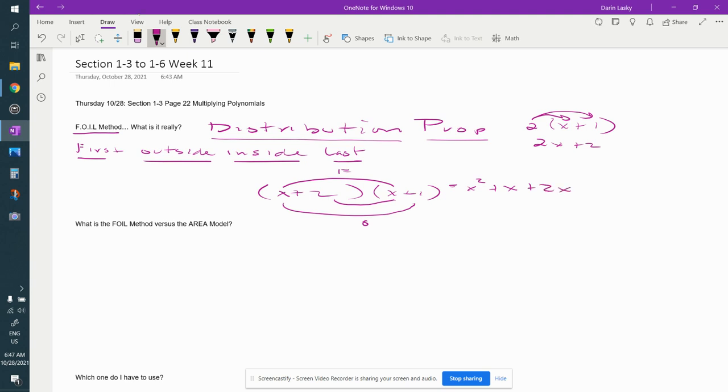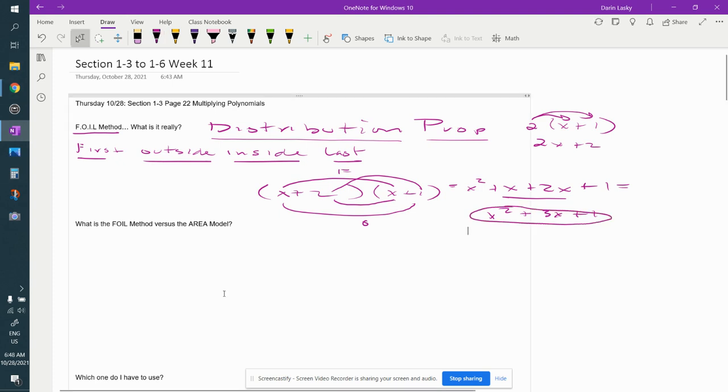And then we're going to multiply the last numbers together, which is these two, which is going to be plus 1. And then we kind of combine like terms right here, and we get x squared plus 3x plus 1. And that is how we multiply using the FOIL method.